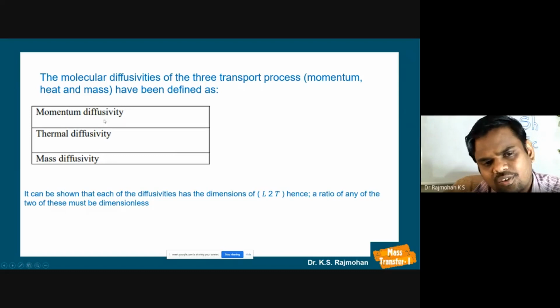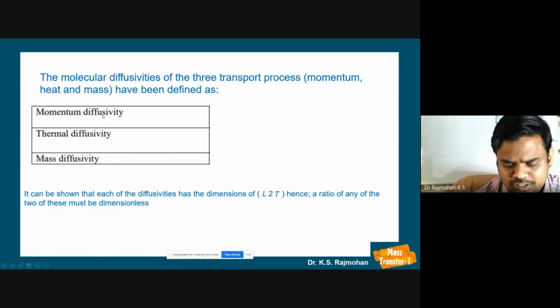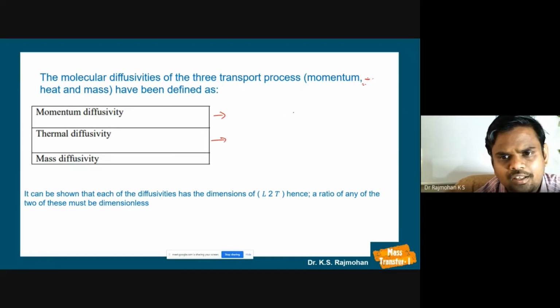For example, if you are taking the ratio between momentum diffusivity and thermal diffusivity, what we get is Prandtl number. We get Prandtl number if we divide momentum diffusivity by thermal diffusivity.